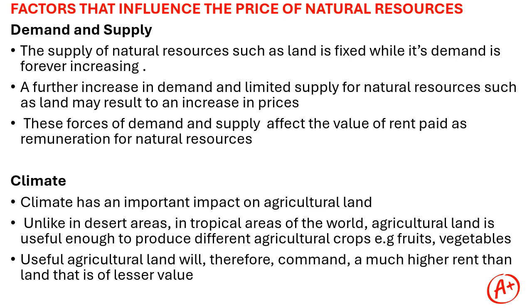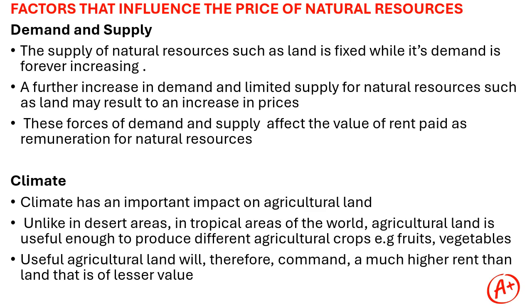Right, so we're going to start with demand and supply as the first factor that influences the price of natural resources. Guys, first thing first, the supply of natural resources such as land, for example, is fixed. Remember that land is fixed. You cannot extend land. We cannot expand land.